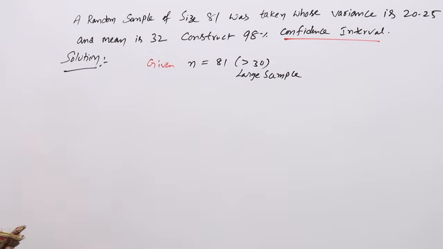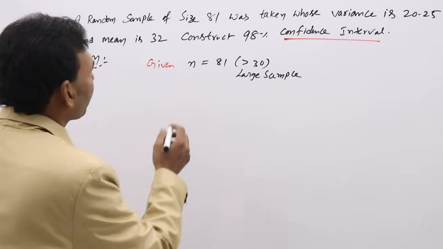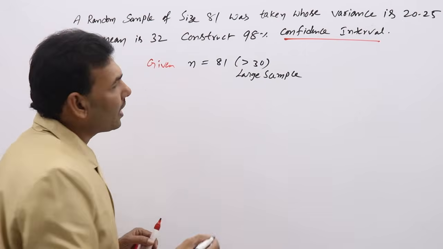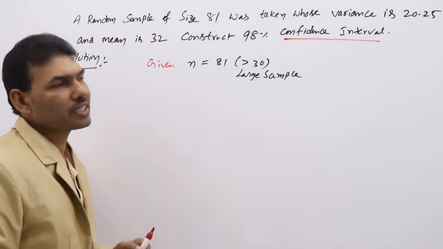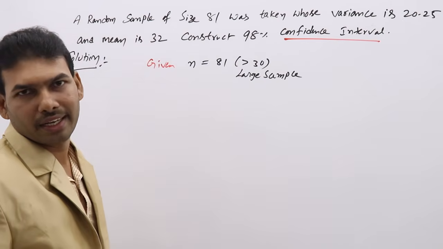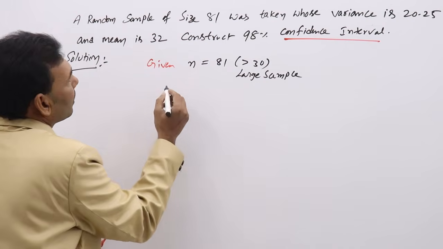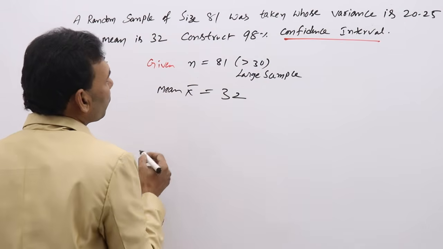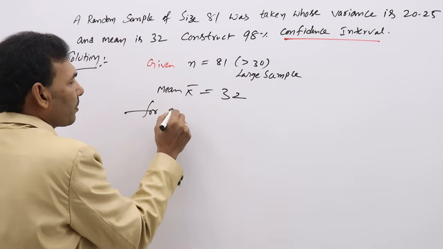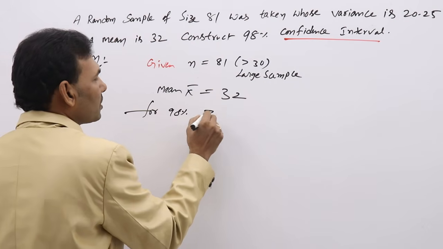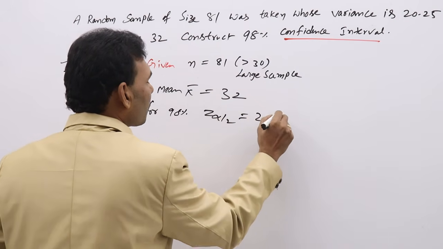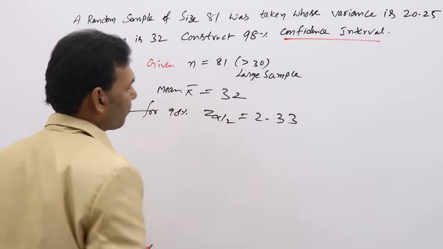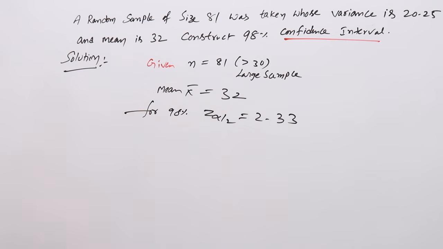For a large sample, the confidence interval has a formula. First I am writing the given data. n is 81, size of sample greater than 30, large sample, and the sample mean x bar is given, 32. For 98%, Z alpha by 2 is 2.33.